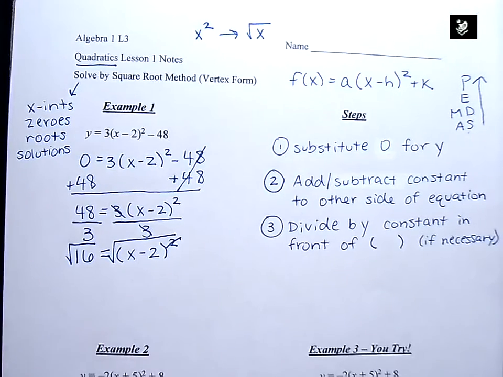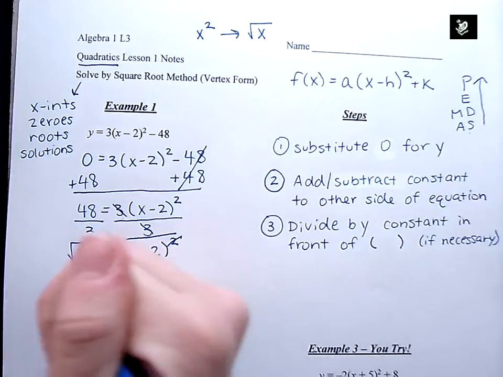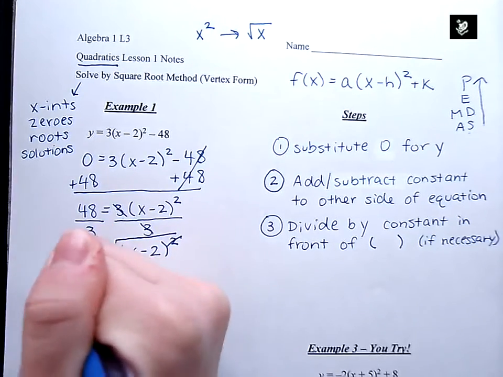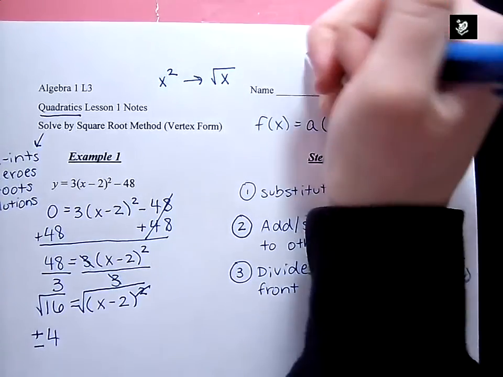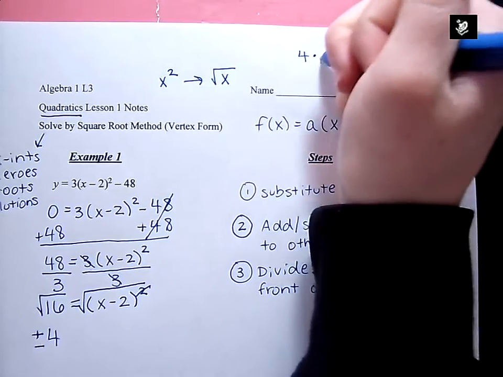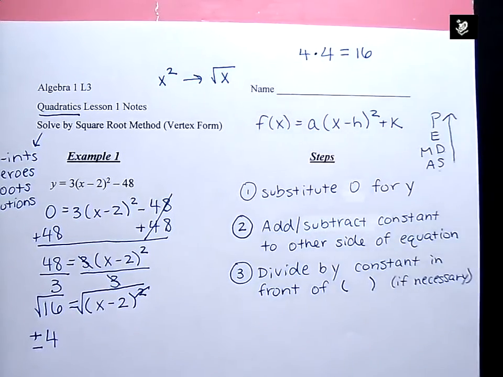And when I take the square root of 16, you could put that in your calculator, but you're actually going to get 2 answers, even though the calculator only gives you 1. So the square root of 16 is a positive and a negative 4. Why is that? Because 4 times 4, a positive times a positive, is a positive 16.